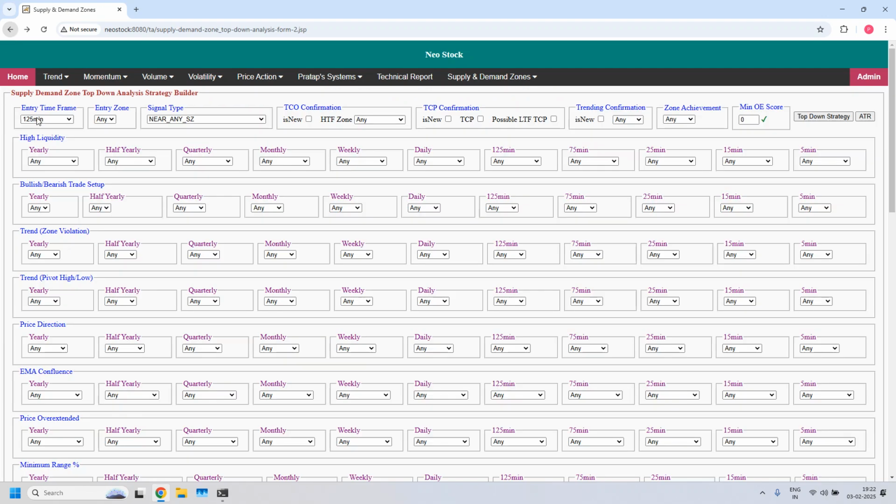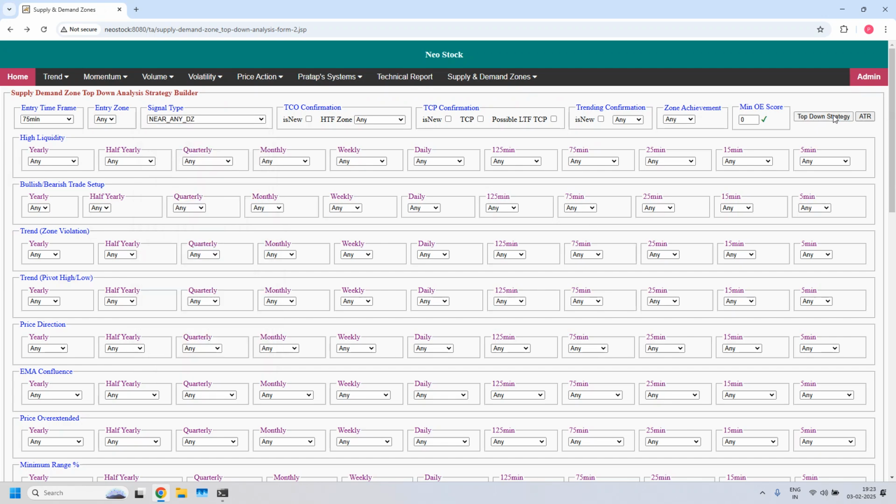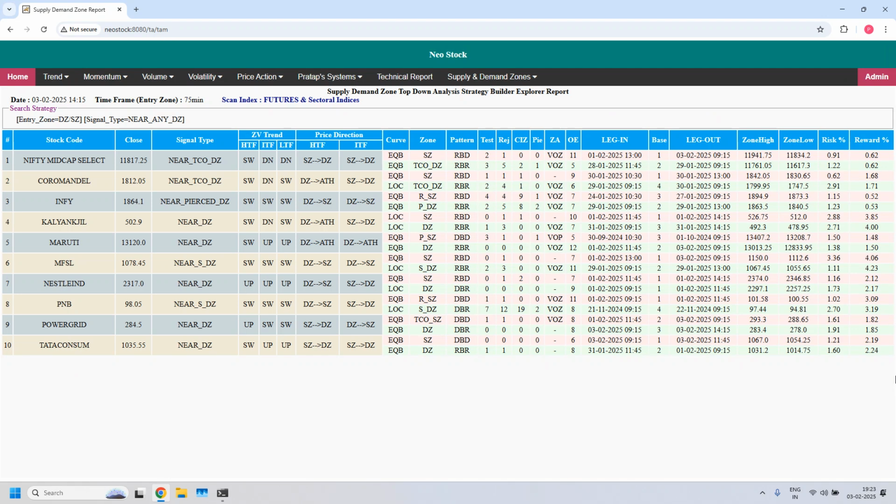Next time frame is 75 minutes. Entry time frame 75 minutes. Let us find the stocks near 75 minutes demand zone. We got 10 stocks. Let us identify high liquidity zones. MFSL is having a high liquidity 75 minutes demand zone.